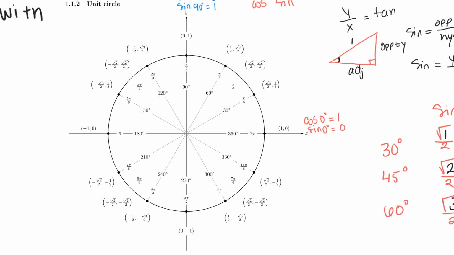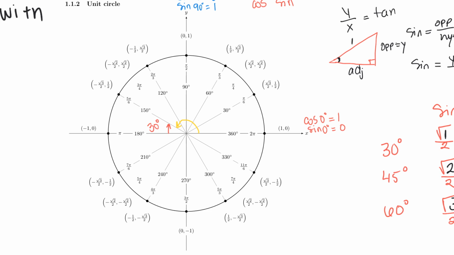This angle right here, which is 150, and this angle right here, which is 180 minus 150, is just 30 degrees. When you have this reference angle with respect to the x-axis, it is easier for you to figure out the cosine and sine of them, and also tangent.